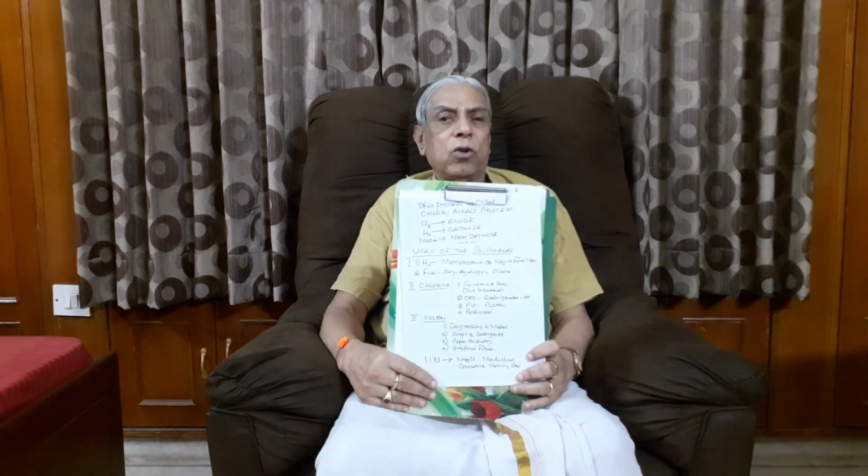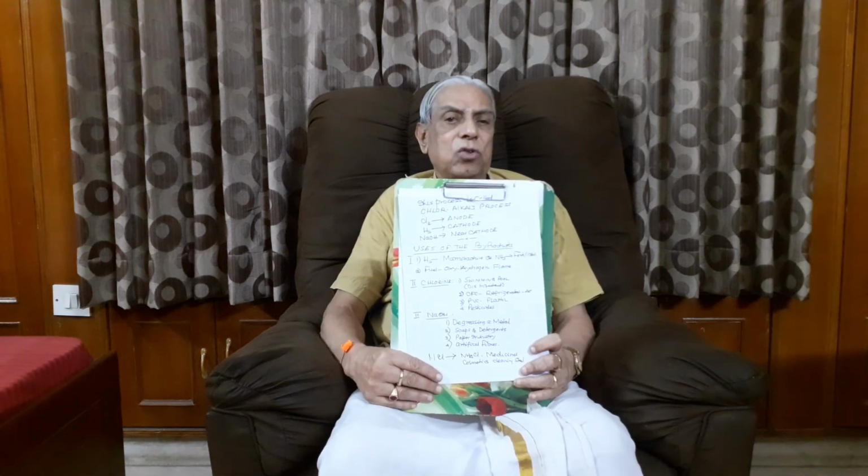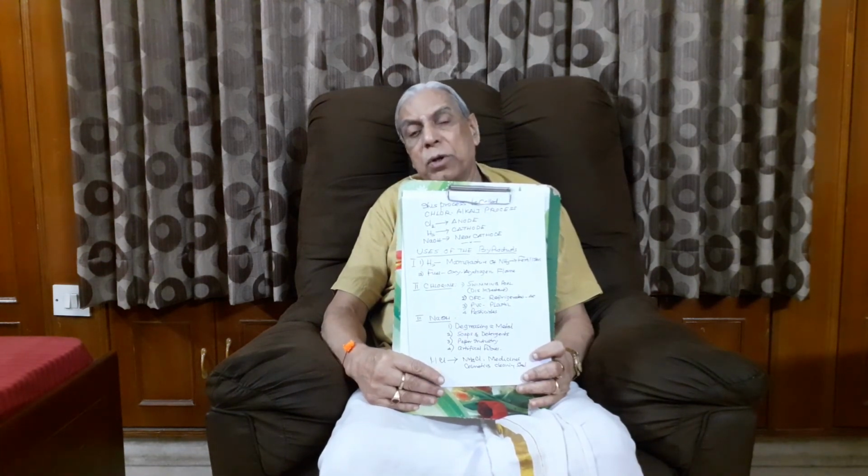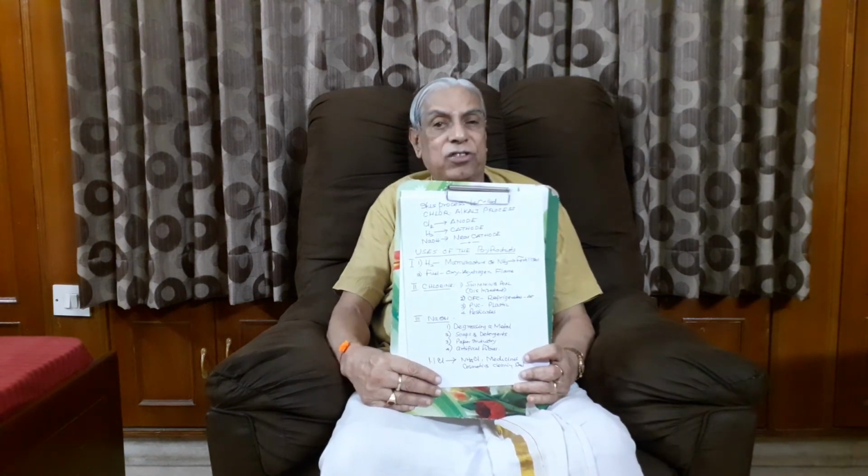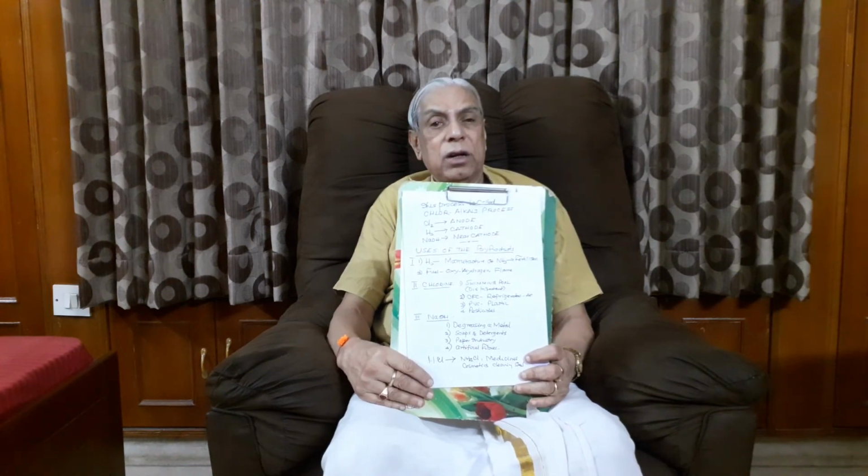This hydrochloric acid is extensively used in the preparation of ammonium chloride: NH3 plus HCl gives ammonium chloride. It is a very important salt.